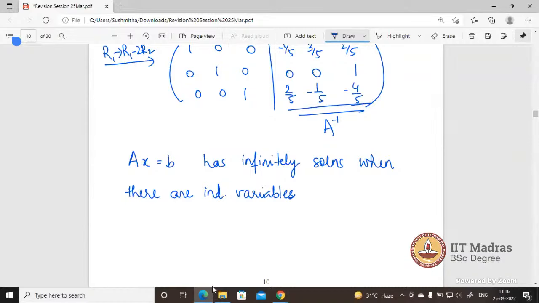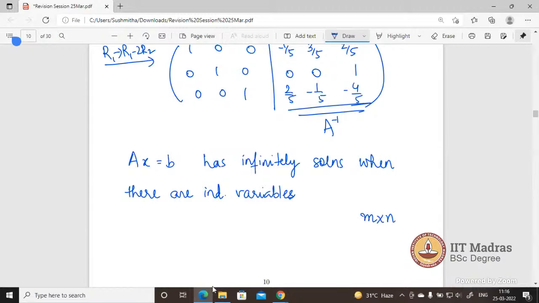Since you are discussing infinitely many solutions, can we assume that if the number of independent variables is more than the number of equations, then it is likely that there will be infinite solutions? No, not independent variables, when the number of variables, let's say there are in total an m by n matrix.